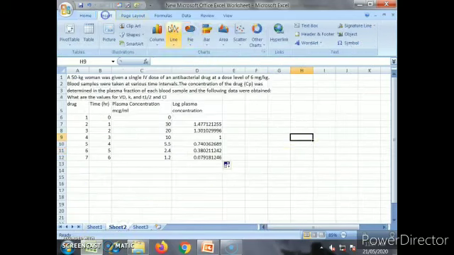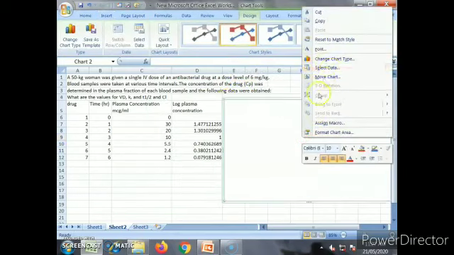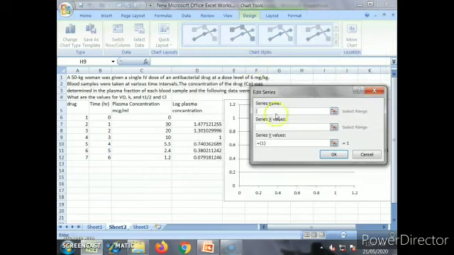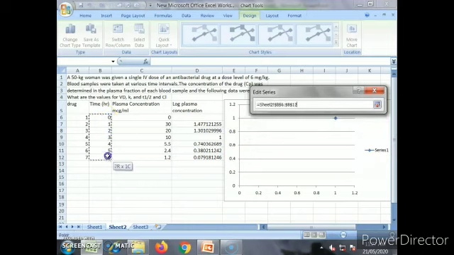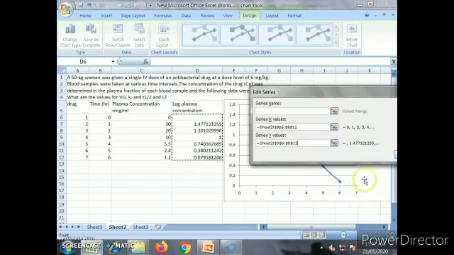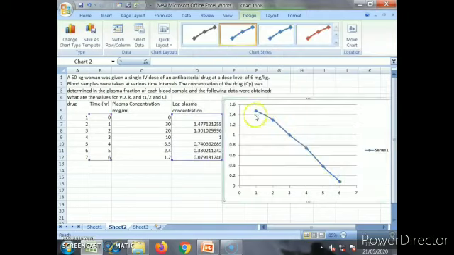So in this we have to go to insert, scatter, add the value, select data, add. At the x-axis we have to add the time, and at the y-axis it will be the log plasma concentration. Okay, so in this way we have got this graph.